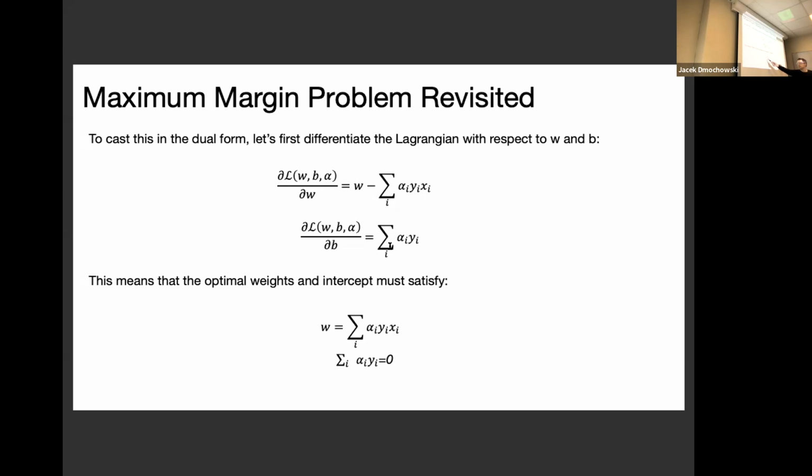Which means that, and this is the insight, if you set this to 0, W is equal to the sum of this.